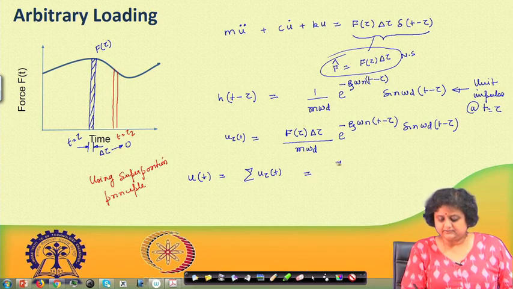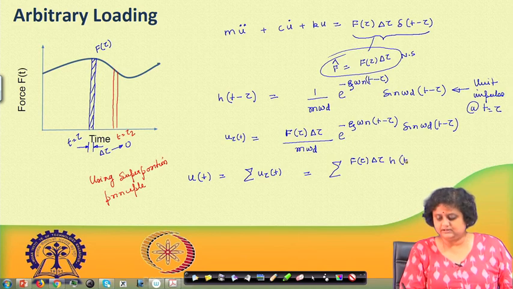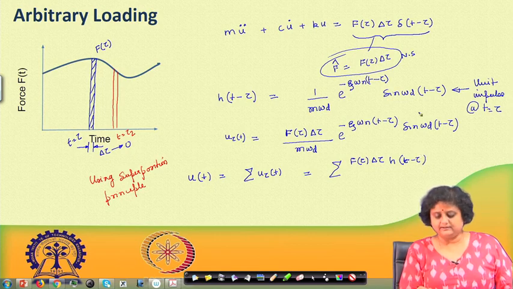Which is nothing but the summation of f tau into del tau into h of t minus tau. So, that is what I have written here.